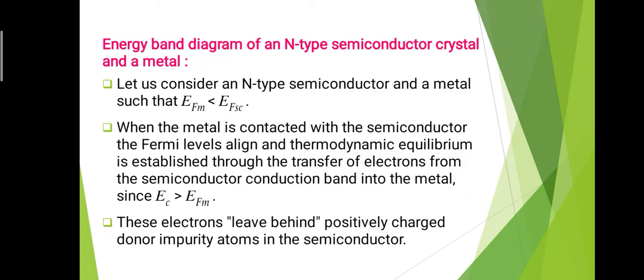So let's start. Energy band diagram of an n-type semiconductor crystal and a metal. Let us consider an n-type semiconductor and a metal such that EFM is less than EFSC, where EFM is the Fermi energy level of the metal and EFSC is the Fermi energy level of the semiconductor.